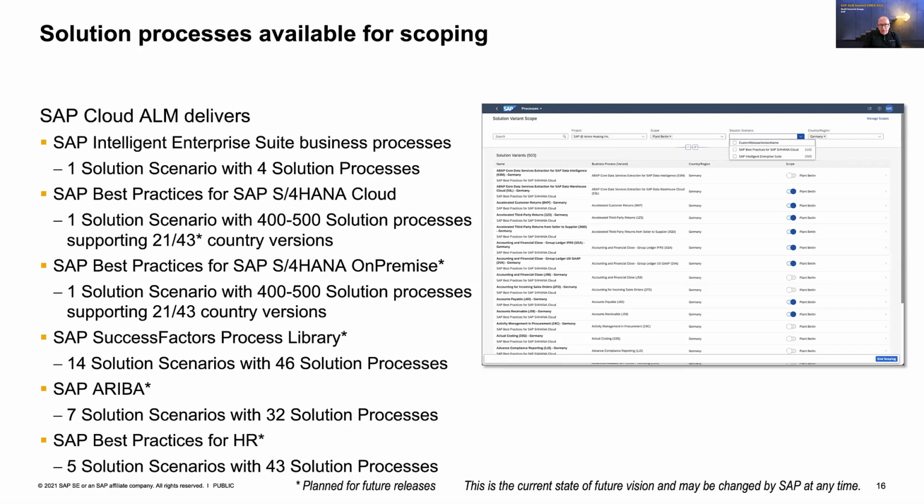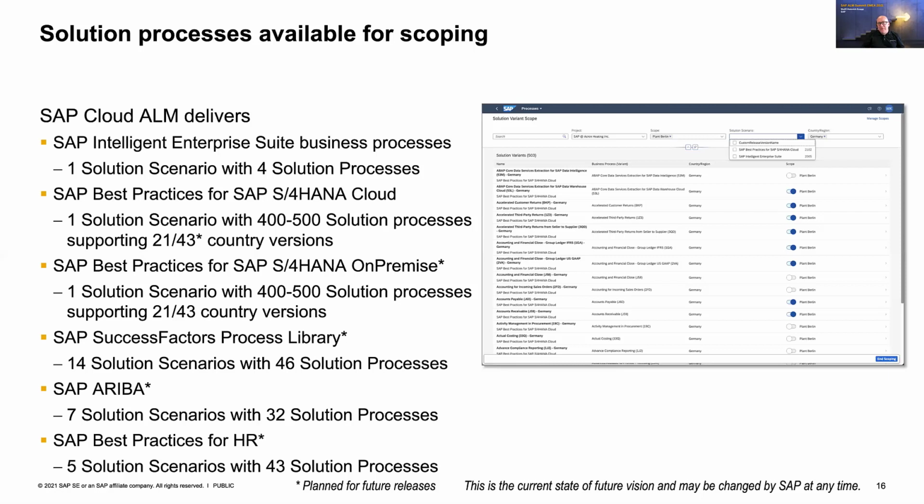Then we also get the HR processes that were originally maintained by the SAP best practices folks, so those come with an additional 43 solution processes. And then we will also add the procurement part to the overall picture. And then we also have the SAP Ariba content delivering an additional 32 solution processes.